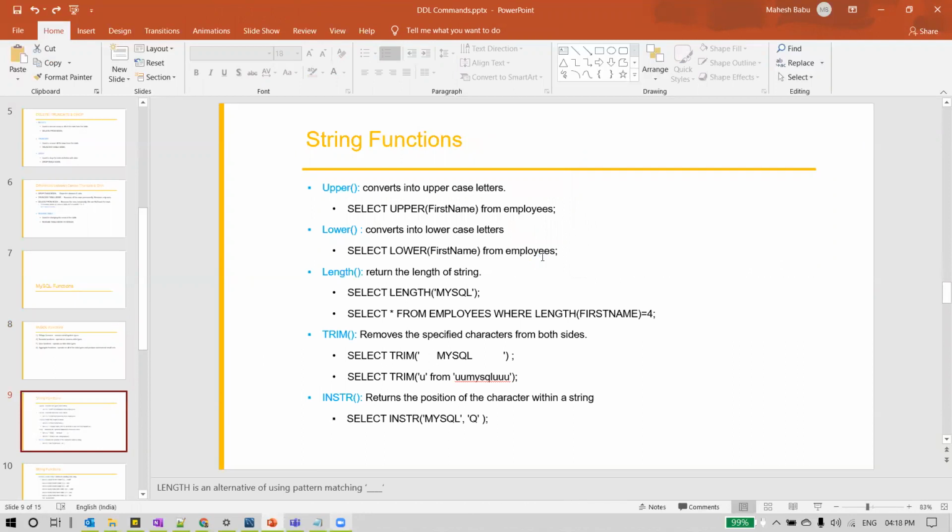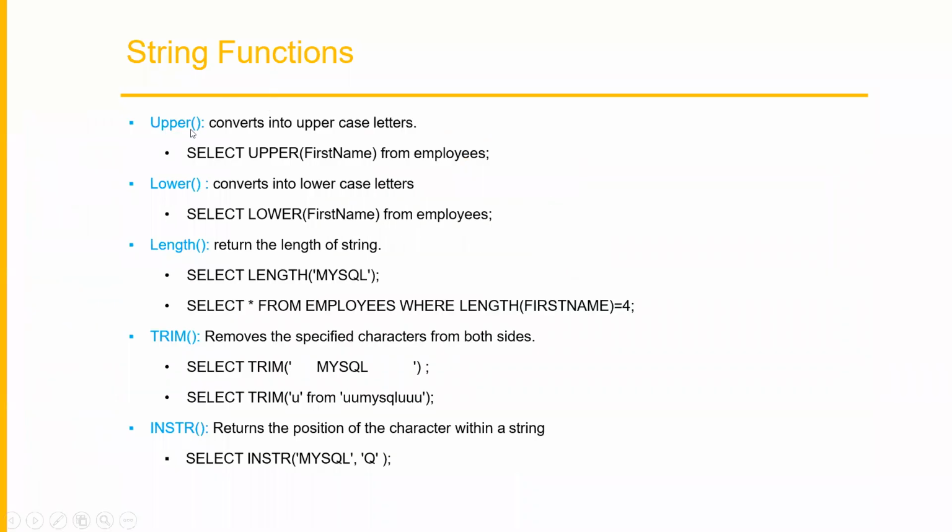Let us first discuss string functions. If you observe, there are some string functions here, and the first function is upper. What does this do? When we want some data to be displayed in all uppercase letters, we can use this function. How to use it: you say select upper, which is the function name, and you just need to pass the data here.